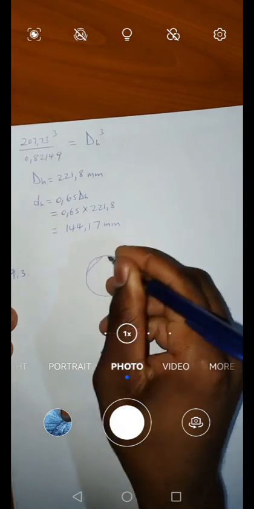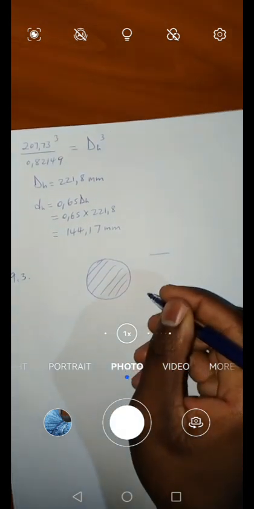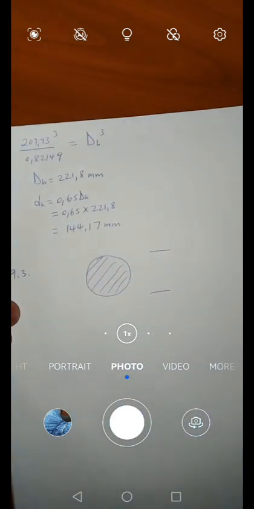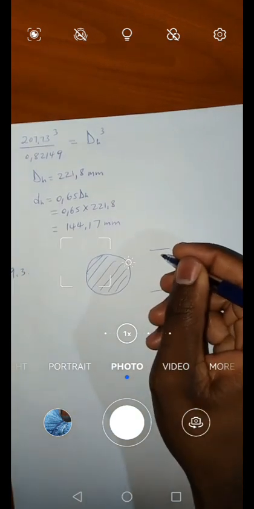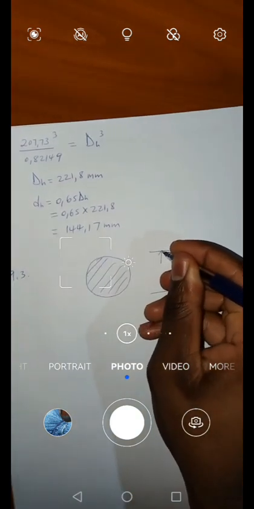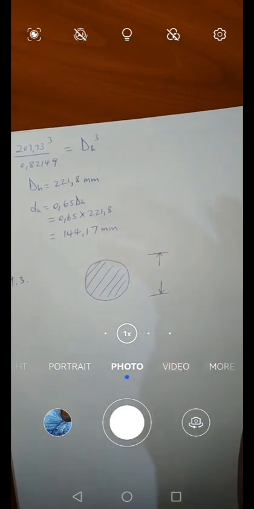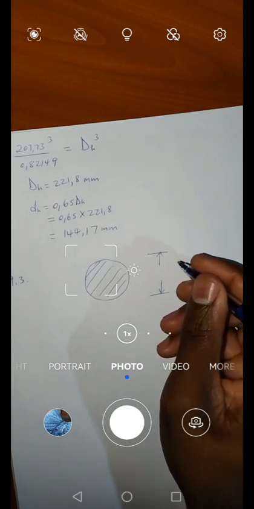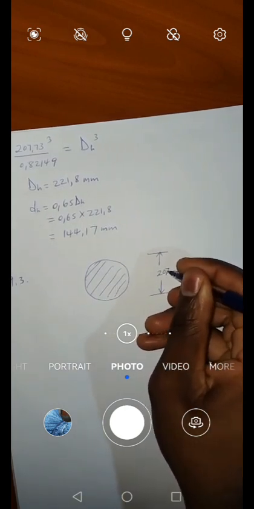We got that the diameter is 207. The shaft size that we can use to transmit that amount of torque and then to have that 75 shear stress, we said the correct size will be this 207.73.